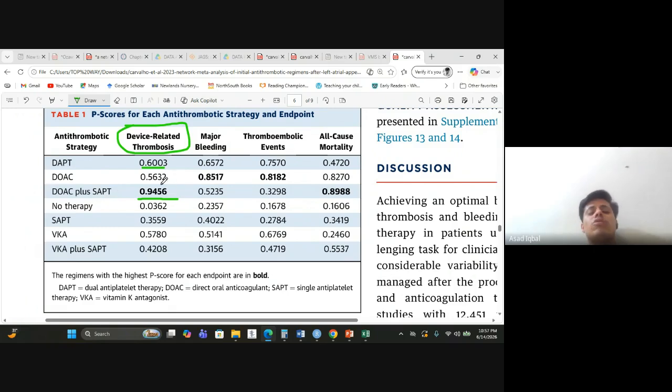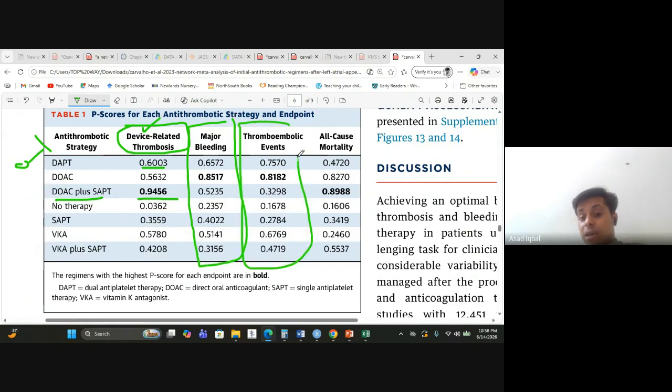The p-score ranges from 0 to 1, and the higher it is, the better it is. So this arm is really good for device related thrombosis, but for each outcome you will have your separate p-scores. Okay.